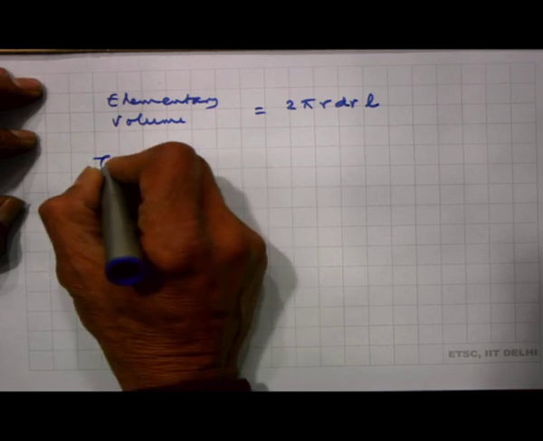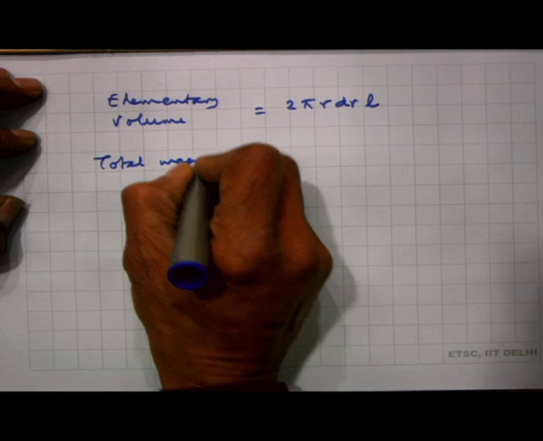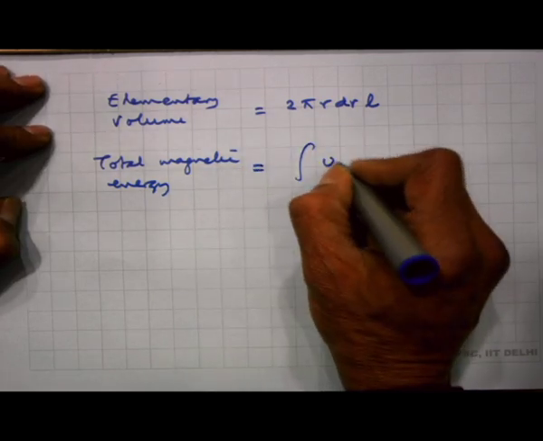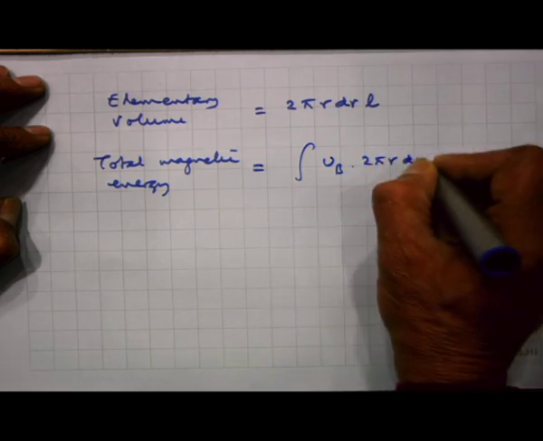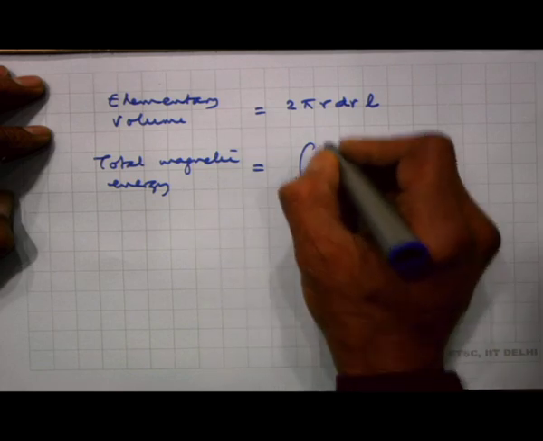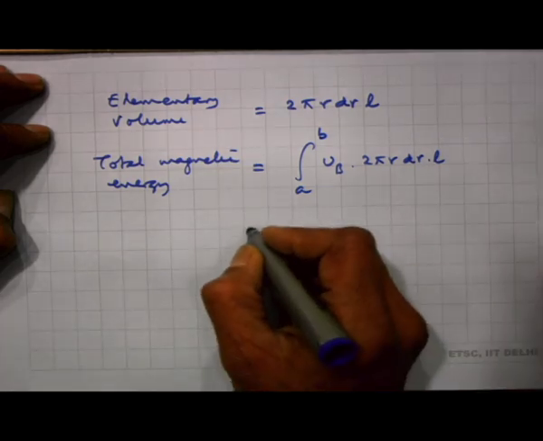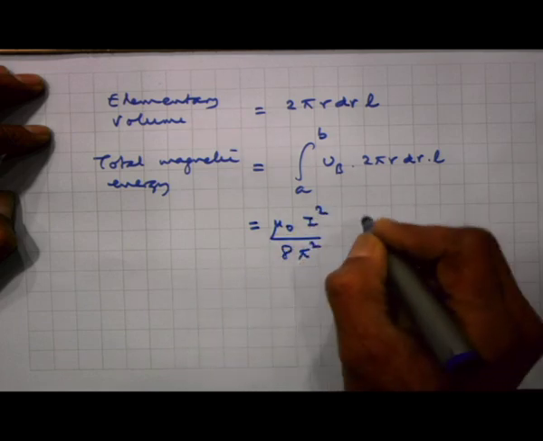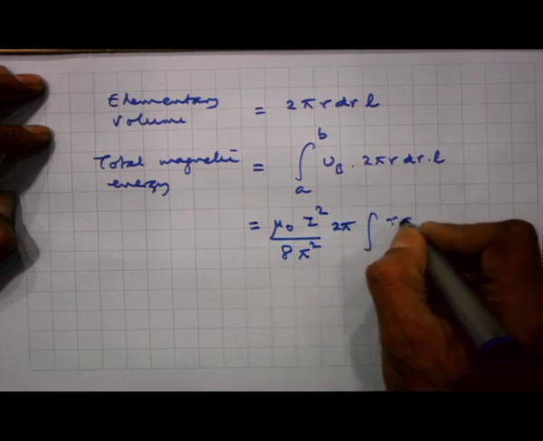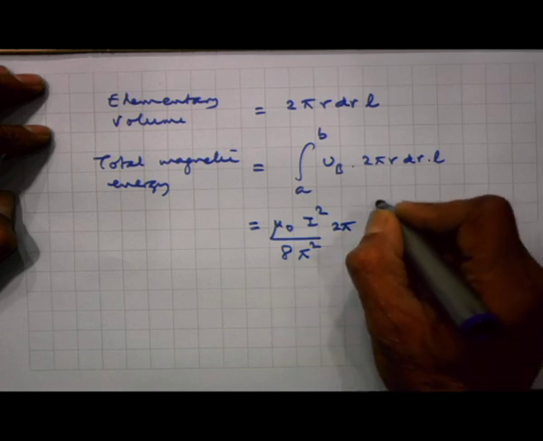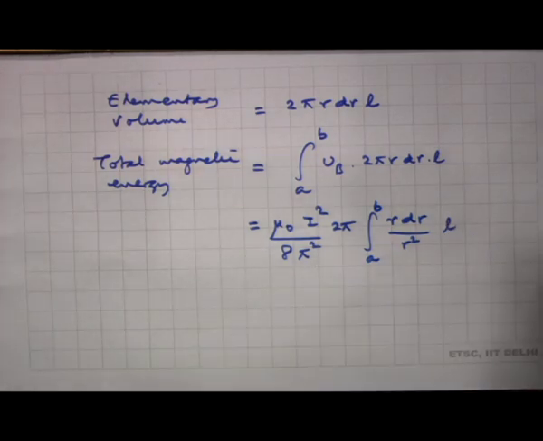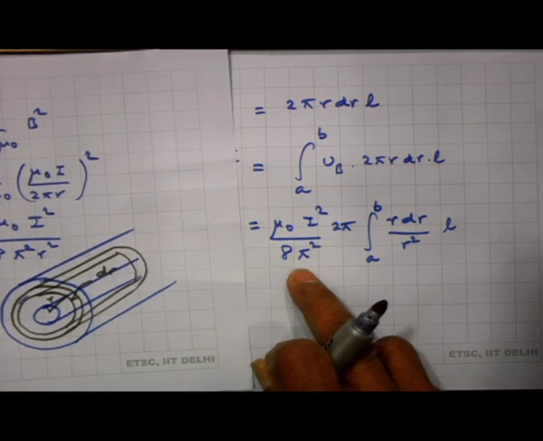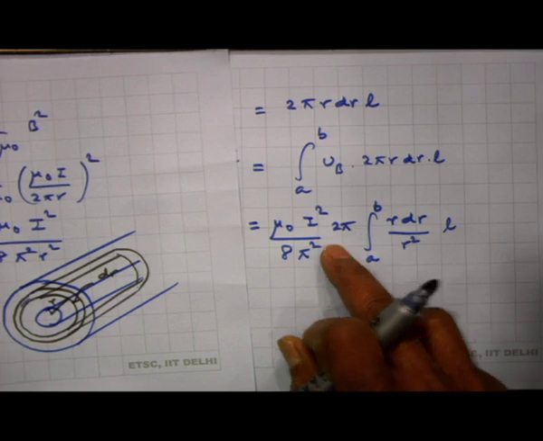So, the total magnetic energy is equal to integral u b into 2 pi r dr into L, and r goes from A to B, because the magnetic field is finite only from A to B. So, if I substitute mu naught I square by 8 pi square r square into 2 pi r dr, from A to B, into L. I have substituted the magnetic energy density mu naught I square by 8 pi square r square inside the integral, and 2 pi comes out of the integral, L comes out of the integral.